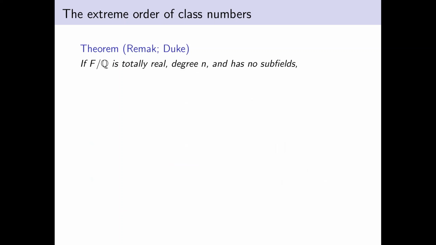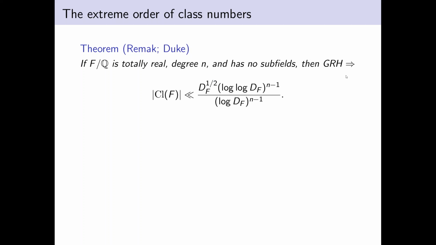There's a theorem that follows from work of Remak and from work of Duke: if you look at totally real degree n extensions that have no subfields, so for example a degree n Sn extension has no subfields, then if you're willing to assume the generalized Riemann hypothesis, you can put an upper bound on the size of the class group of the form discriminant to the 1/2 times a power of log log divided by a power of log.